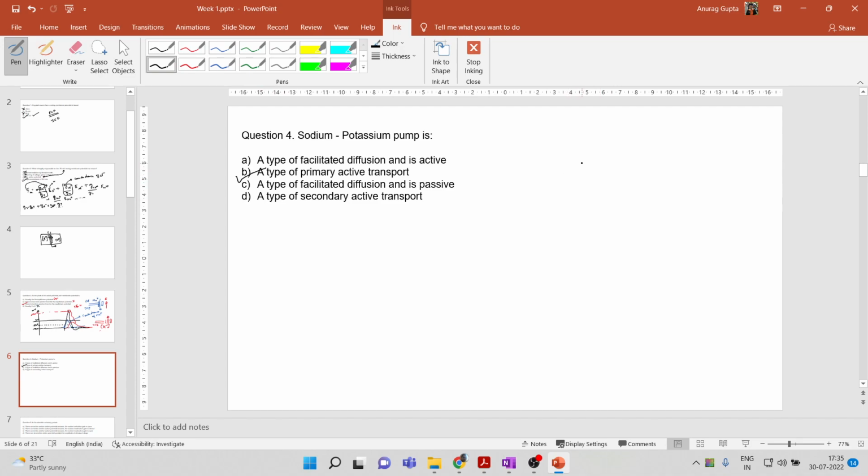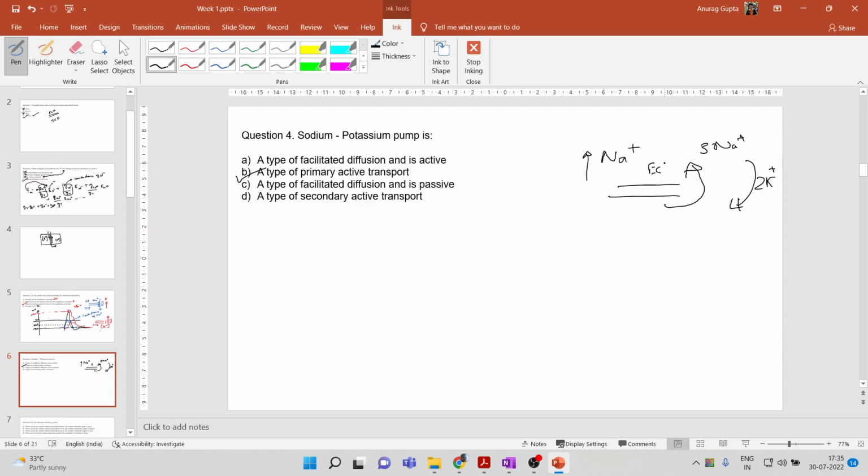So there is energy involved in this. If you remember in the sodium potassium pump, there is energy involved, and 3 Na plus goes outside. So this is your cell membrane. 3 Na plus from inside goes outside the cell membrane, and 2 K plus comes into the cell.